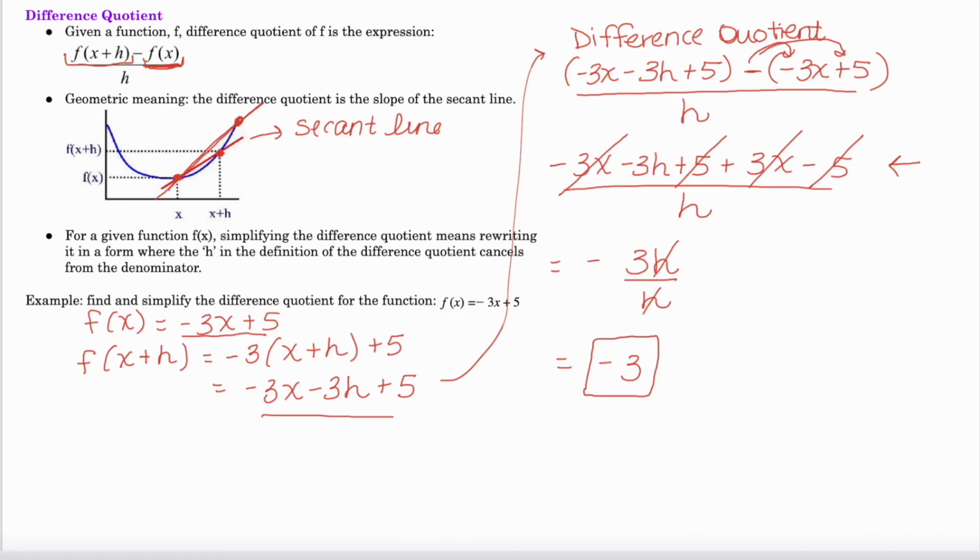All right, let's find the difference quotient of the function x minus x squared. So we need to know what is our f of x function, which is given. I need to know what is f of x plus h. So wherever I see x, I'm going to replace it with x plus h. And I'm going to have to do a little bit of simplifying here.